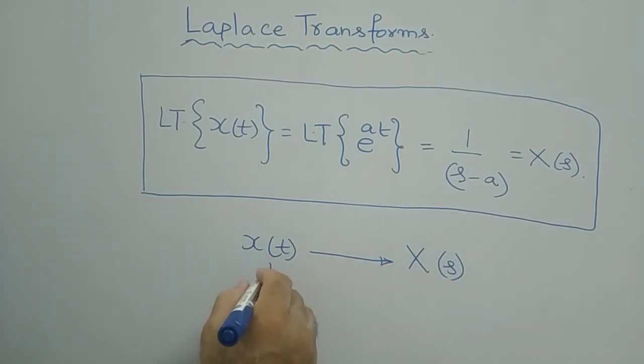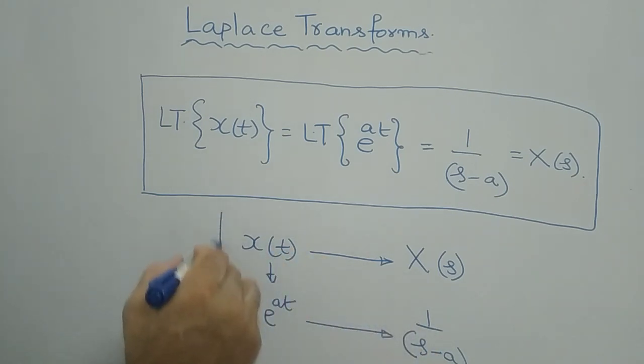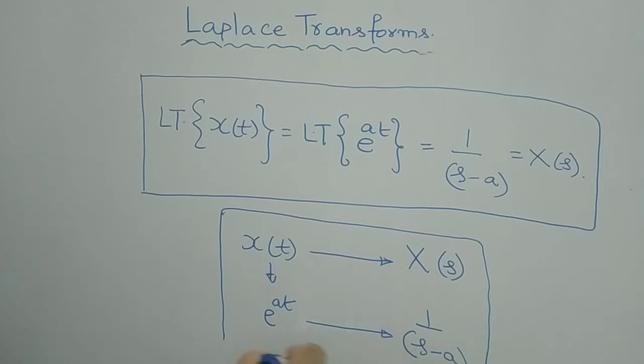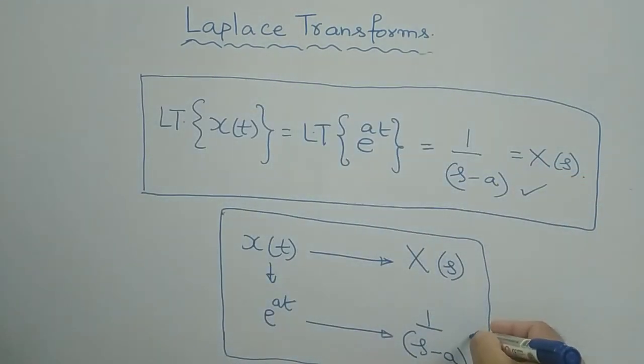Here my x of t is e power a t. If my x of t is e power a t, then your x of s is nothing but 1 by s minus a. That is what the answer. Remember that.